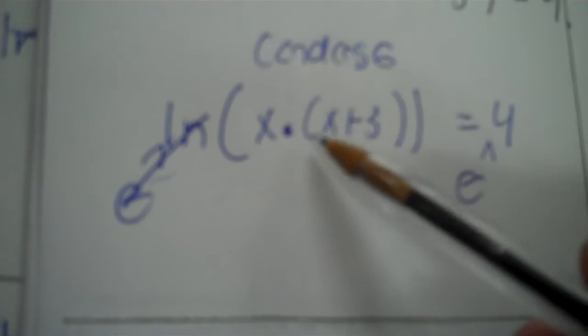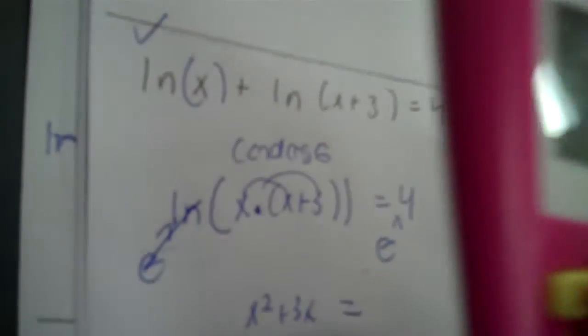Now over here, you need to probably multiply this out, okay? X times x, x times 3. Okay, so you have x to the second plus 3x. Then you need to find what the heck e to the fourth power is. So second ln, then a 4. 54.60.